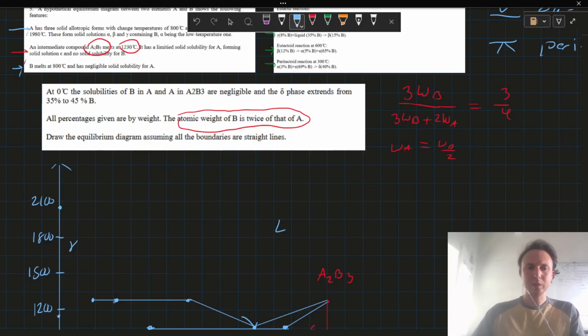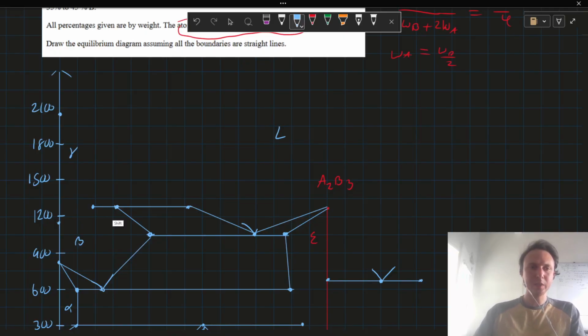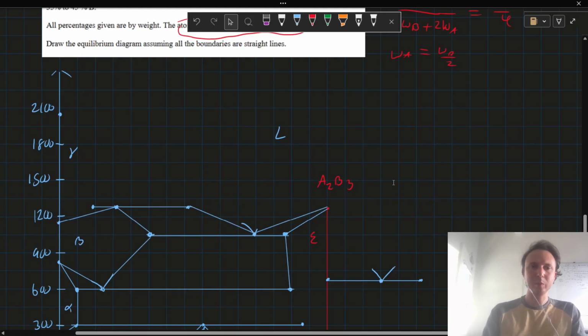So that should go down here. And then we would have over here that B. So this is beta now. And that makes it peritectic. So this will be beta plus liquid.